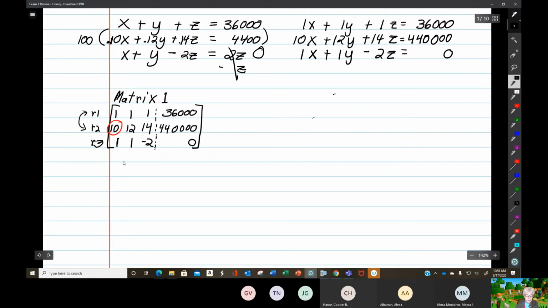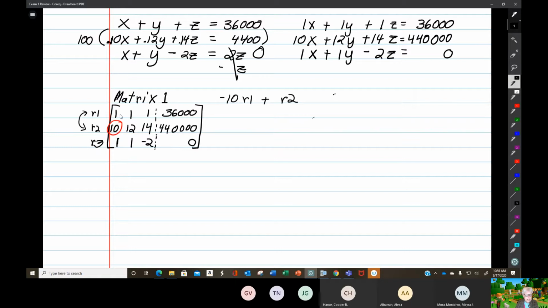So how I'm going to do that is this. I propose to take negative 10 times row 1 and add it to row 2. And that will give me negative 10 plus 10, that will equal 0. That's all that matters, is that I get a 0 in the first position.